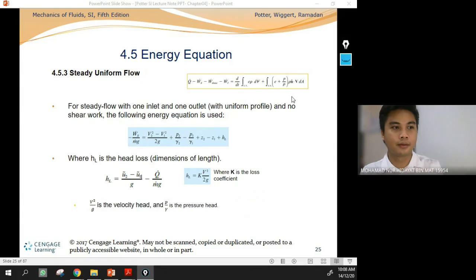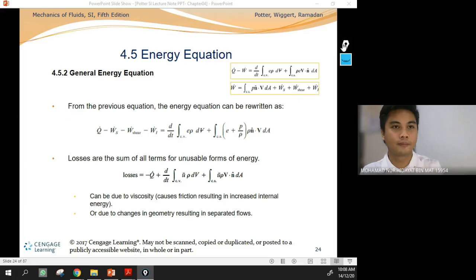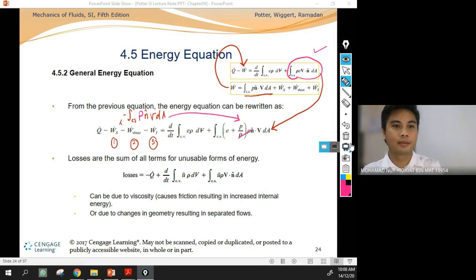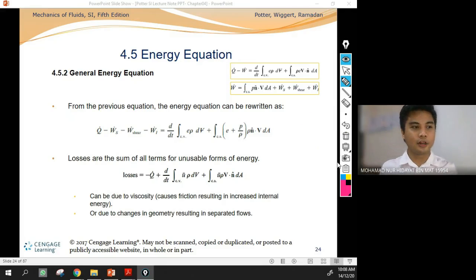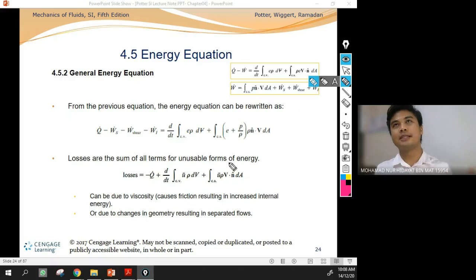Okay. This loss, the loss of energy, remember we have so many losses, right? Whatever the design, for example a fridge design, a television design, there is still a loss.